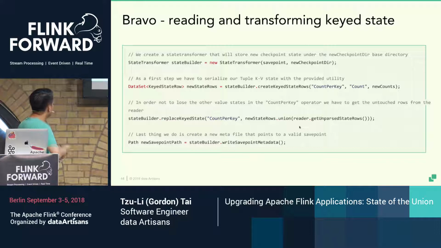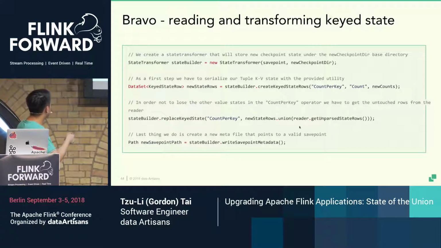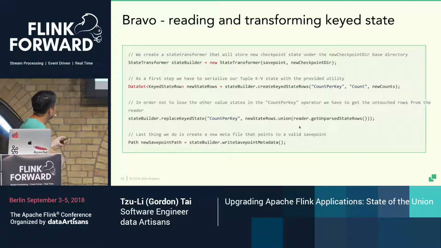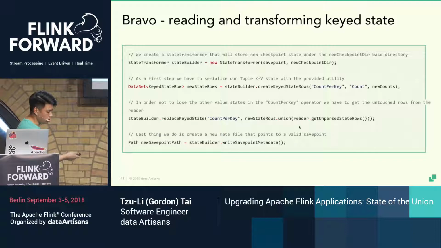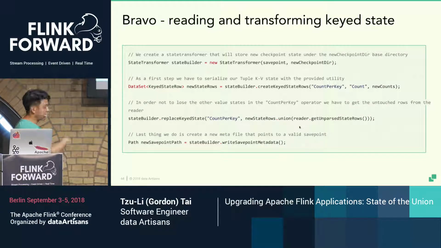Now this is the actual process of writing the Savepoint back. We have a state transformer, or state builder, and what this state builder basically does is that we need to first serialize the new counts, and also join or union it with the original state, and then rewrite everything back to the Savepoint.